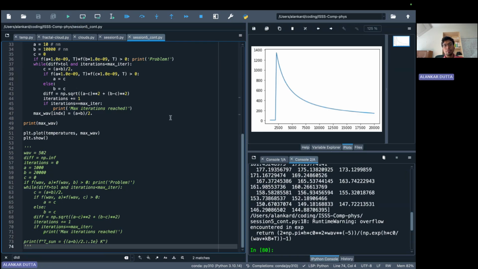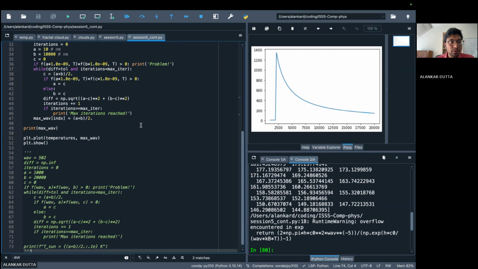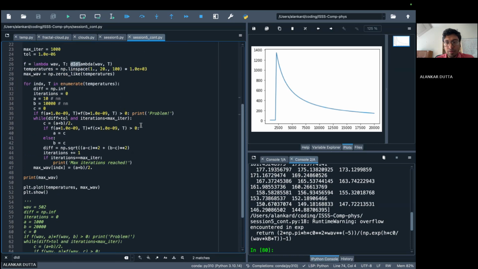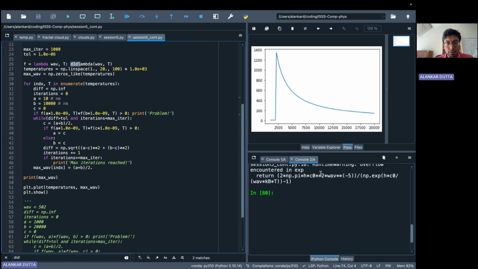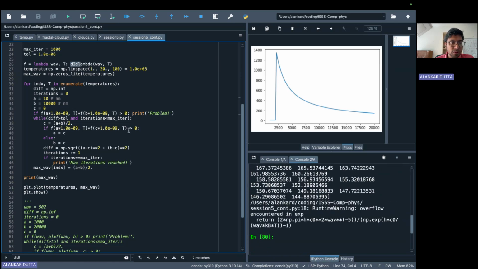Right. So here we see that we roughly get more or less the same thing. We are at some trouble at smaller temperatures for sure, because at smaller temperatures the wavelength is pretty high, and that can cause trouble again because of the exponent thing.